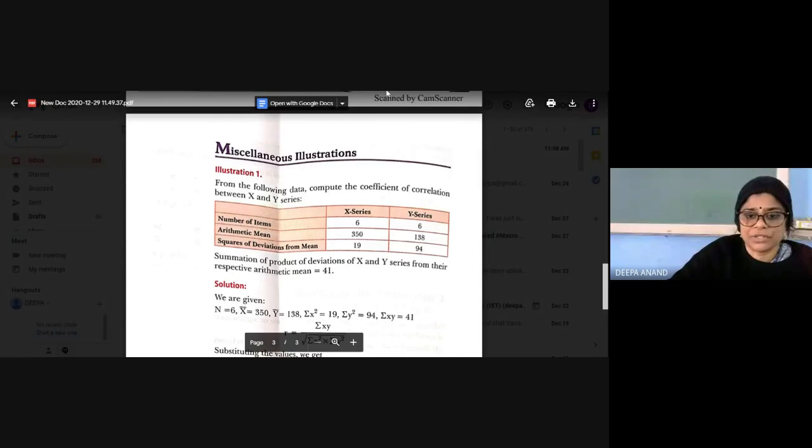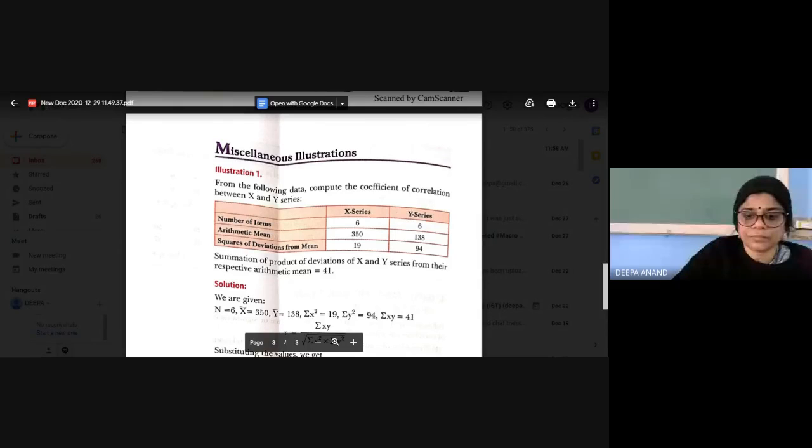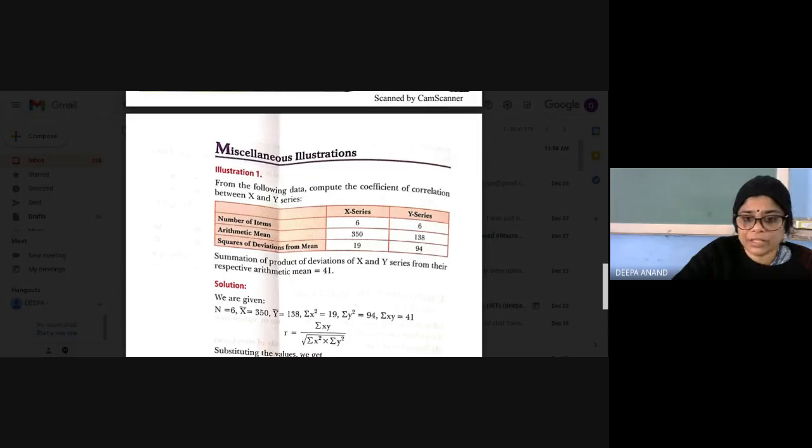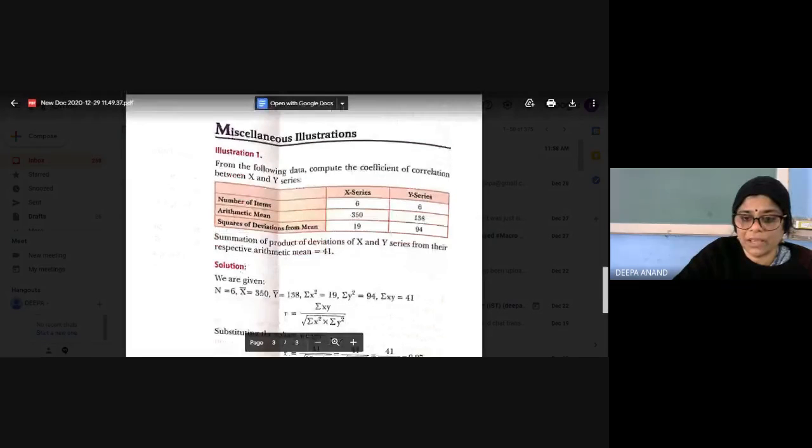So substitute in the formula. x bar, y bar, n, sigma x square, sigma y square and sigma xy are all given.